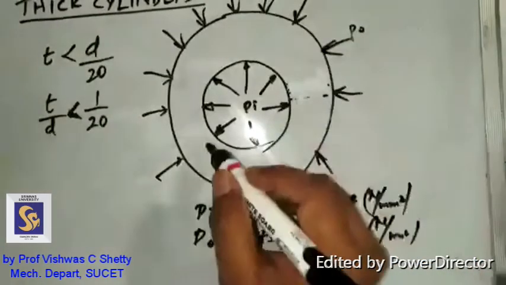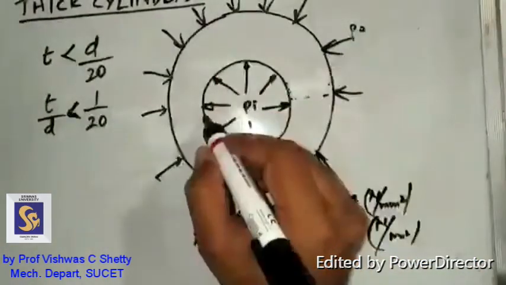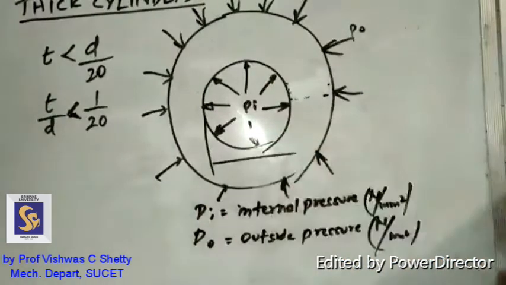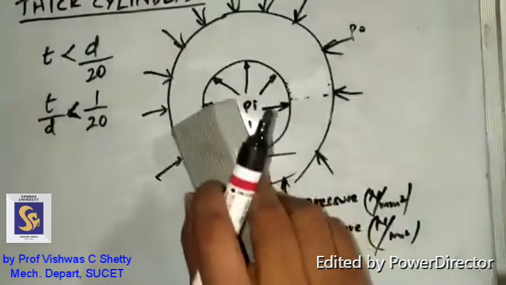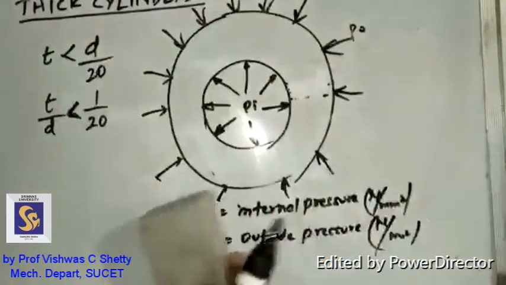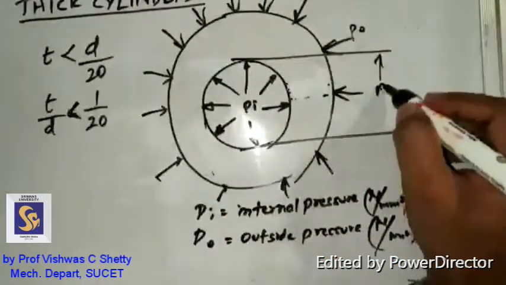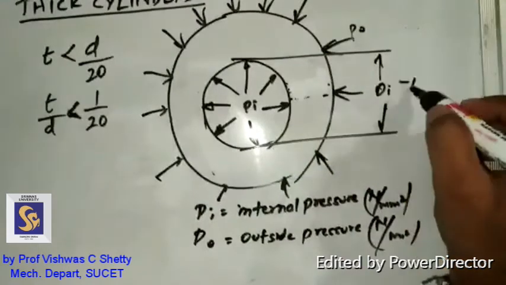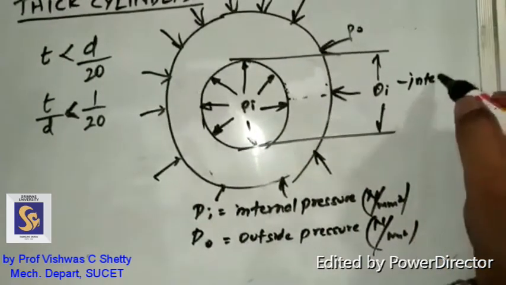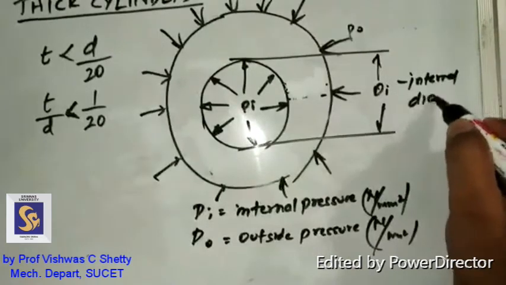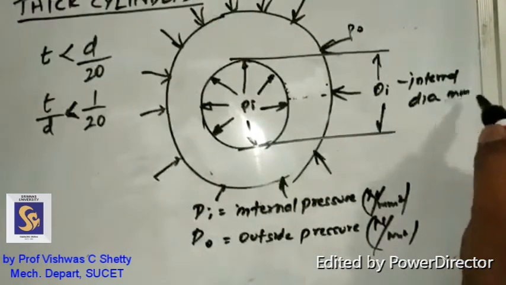So di is the internal diameter of the cylinder in mm.